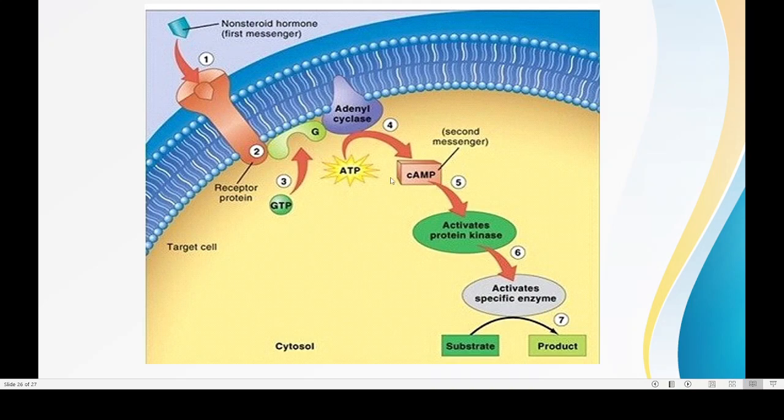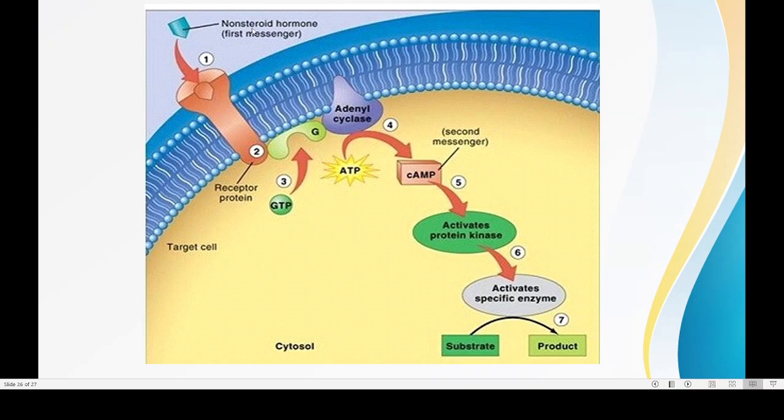This cyclic AMP is actually producing the protein response. What cyclic AMP does is activate a protein kinase in your body. When protein kinase is activated, it converts one substrate into another product. So basically that is the mechanism of any hormone, converting one substrate to another material known as the product.